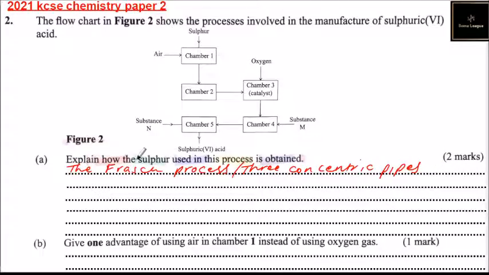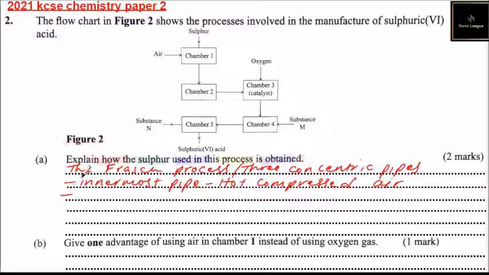So that is the process. And you can describe this by saying, the first one, we have the innermost pipe. The innermost pipe contains hot compressed air. And you get a half for that.